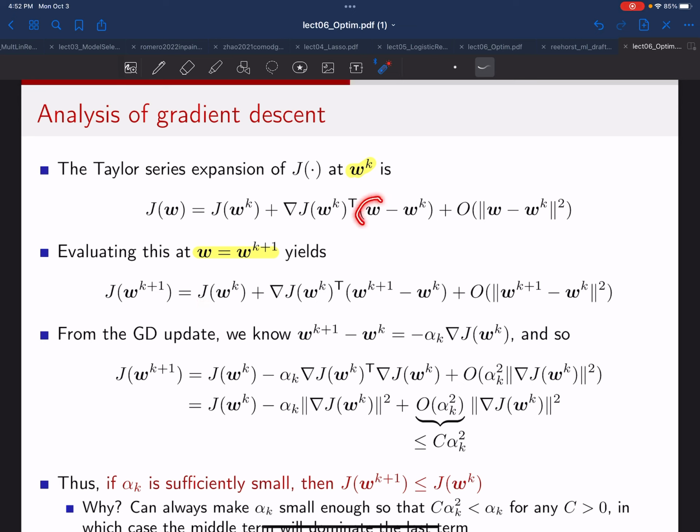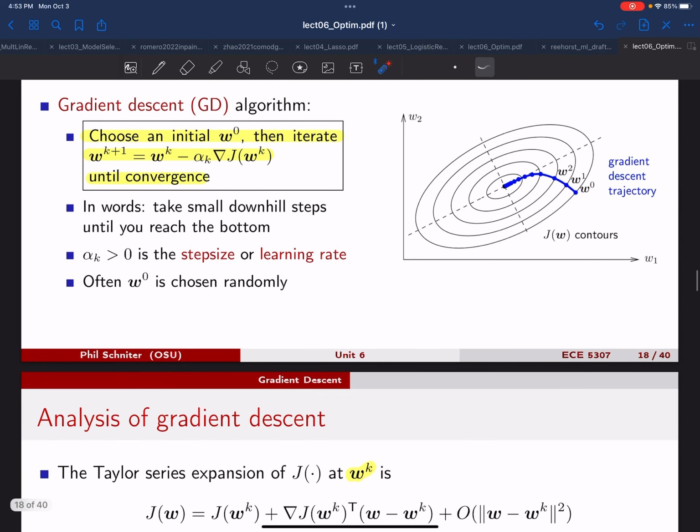Well, we're going to plug in WK plus 1 for W, and so we get this expression. So all we've done is put in those points. And now, go further and remember that for this gradient descent update, the new point minus the old point is the negative gradient. That follows directly. This minus this is this.